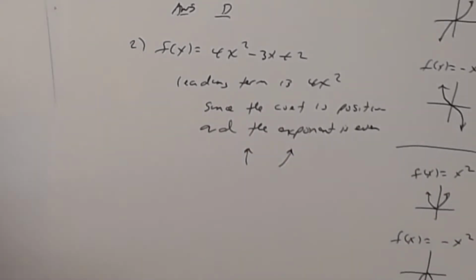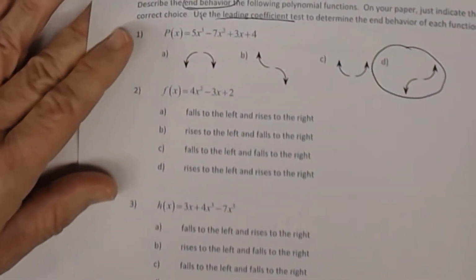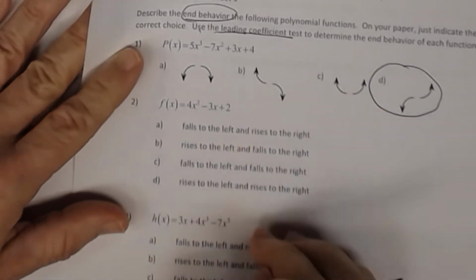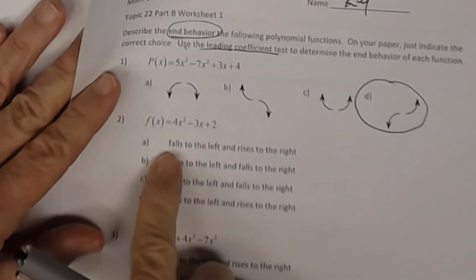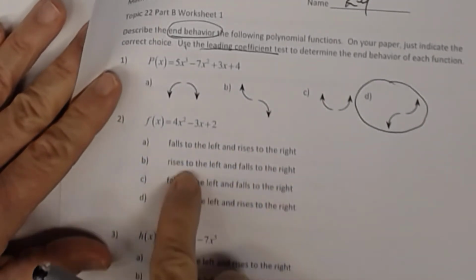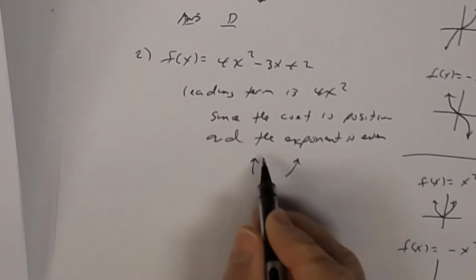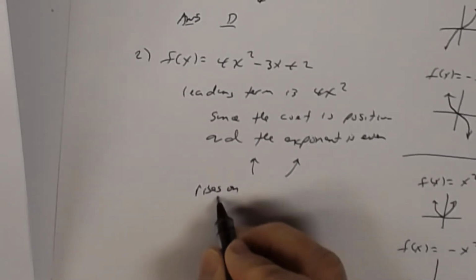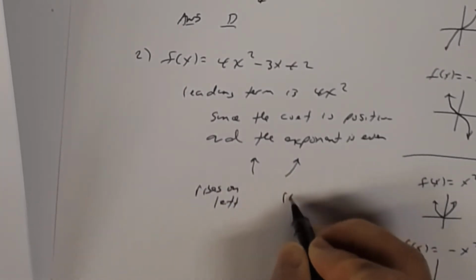Now, in this problem, they talk about it in terms of words. Here it was in terms of a picture, and in here it's in terms of words. Notice that your choices are: it falls to the left, rises to the right; rises to the left, falls to the right; and so on. So notice on the left side, it rises on the left and rises on the right.